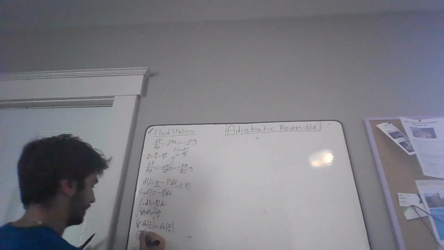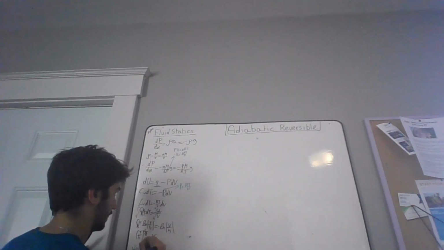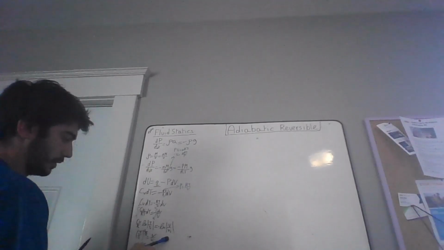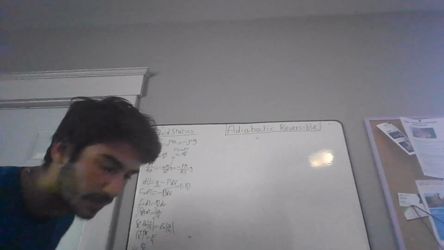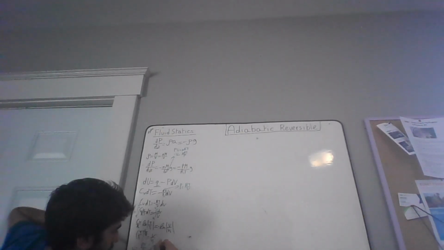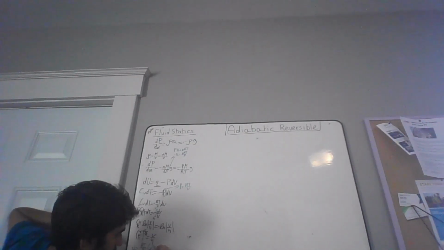We write this as RT over P. So if we plug this into here, what we're going to have is RT1 over P1, all over, or sorry, it should be the final. So this should be RT over P all over RT1 over P1.